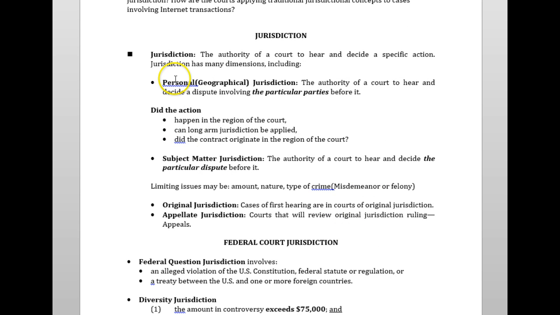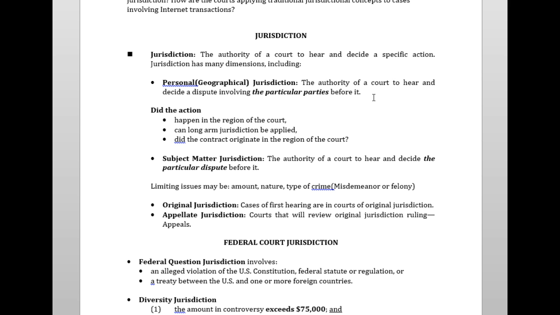One is the personal jurisdiction, or the geographical jurisdiction. Does the court have the authority to hear the dispute from the people involved? Did it happen within their geographical area?